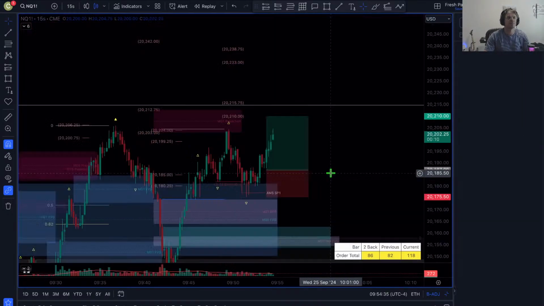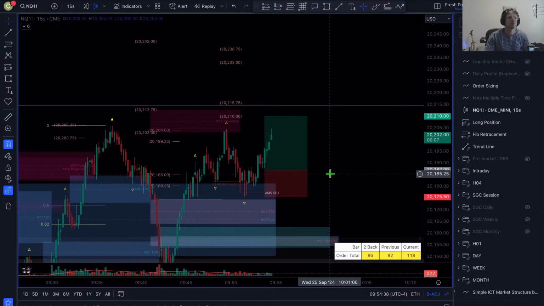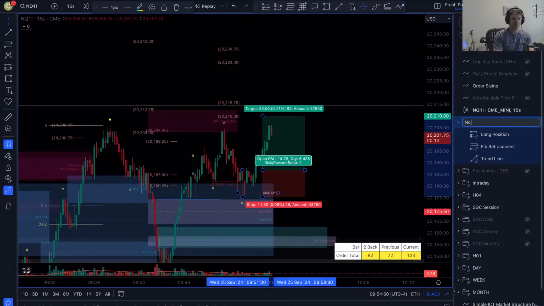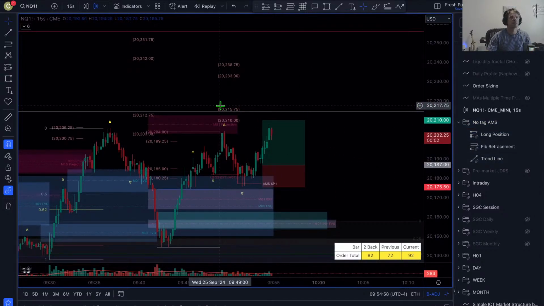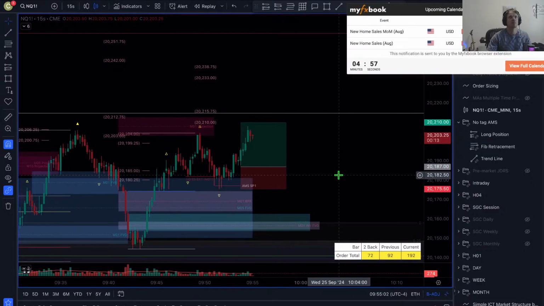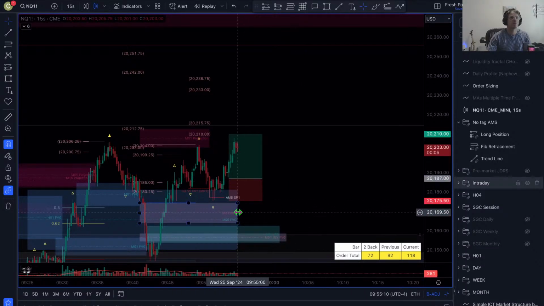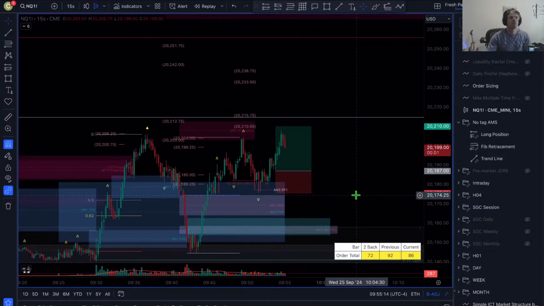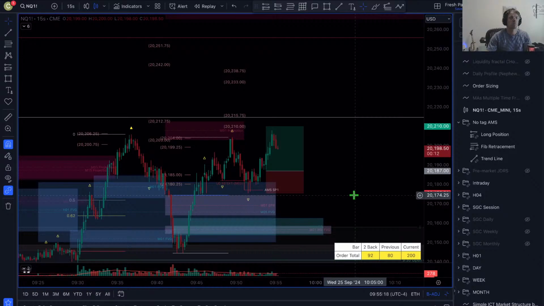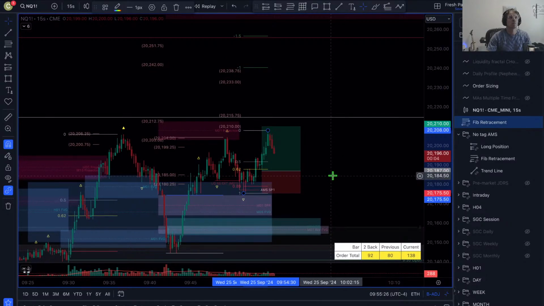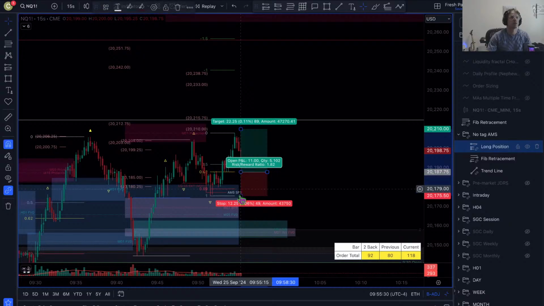But looks like it's going to take off from there. So I would consider this a no tag. Now, that said, could be looking at that trade right there.